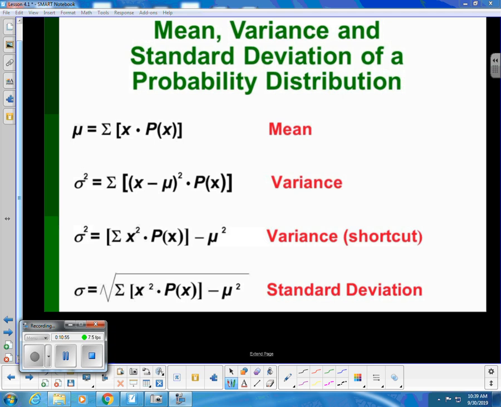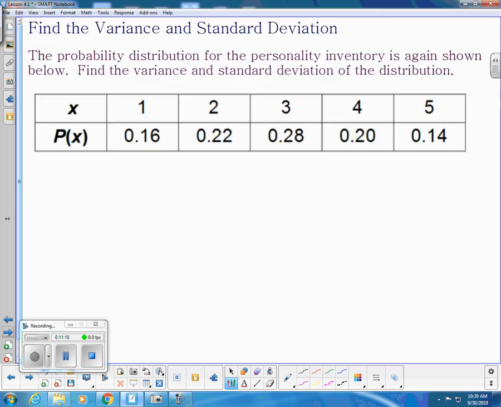All right, here we go. Let's find the variance and standard deviation. So the variance formula is x squared times the probability.